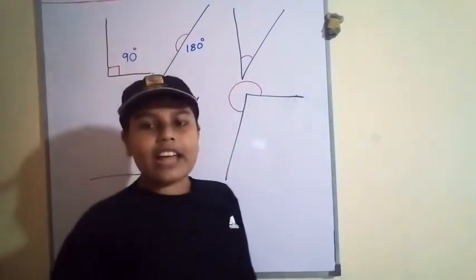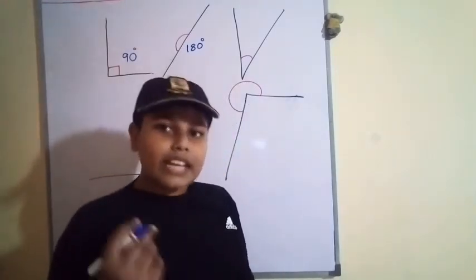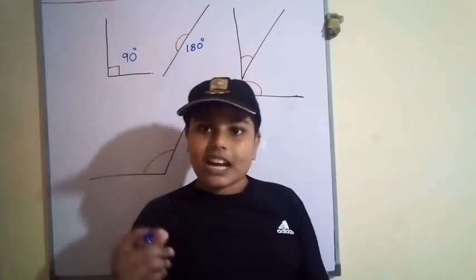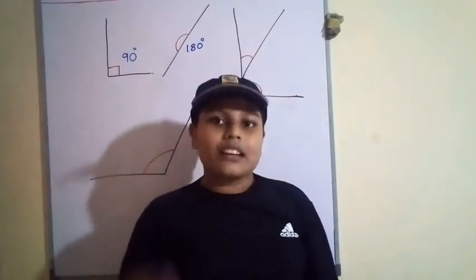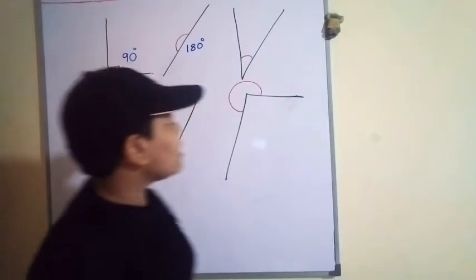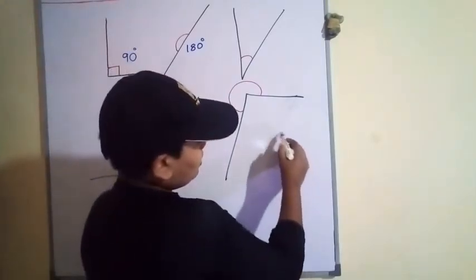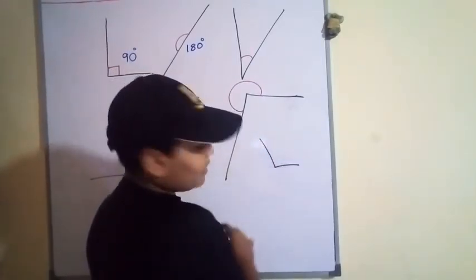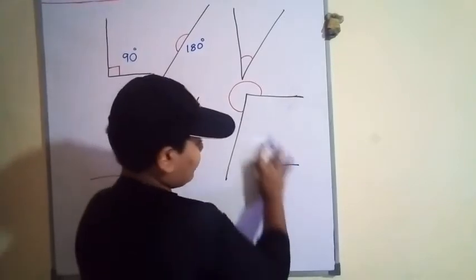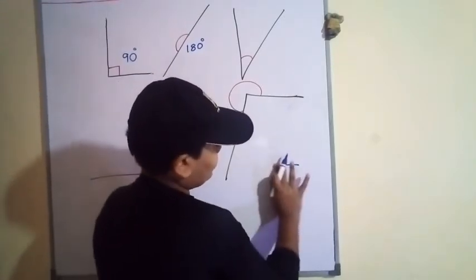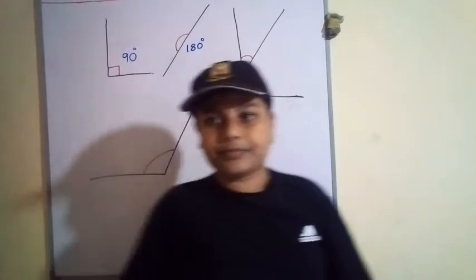Now what is the acute angle? An acute angle means any angle with a magnitude less than 90 degrees, right? Less than 90 degrees is called the acute angle.